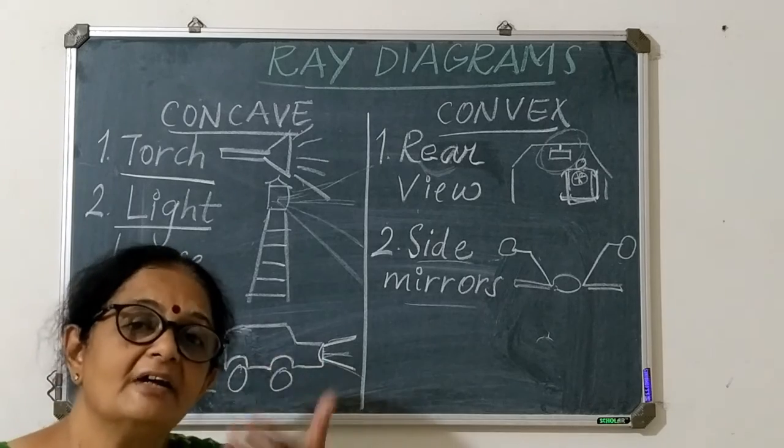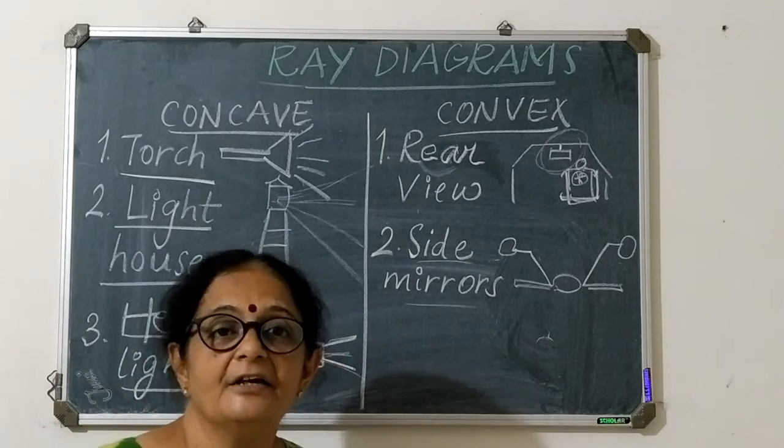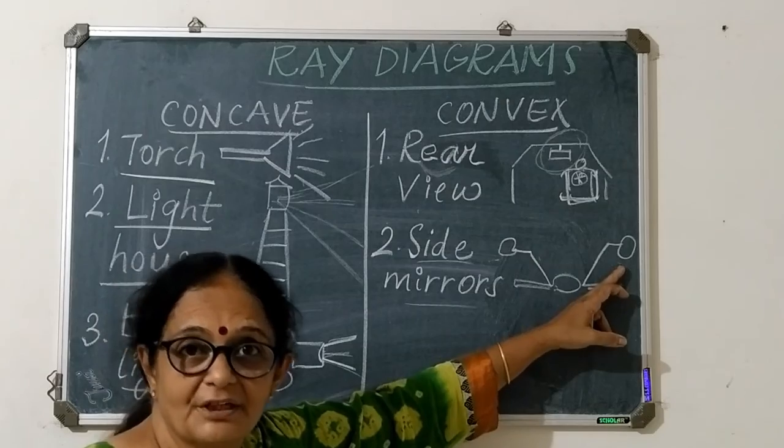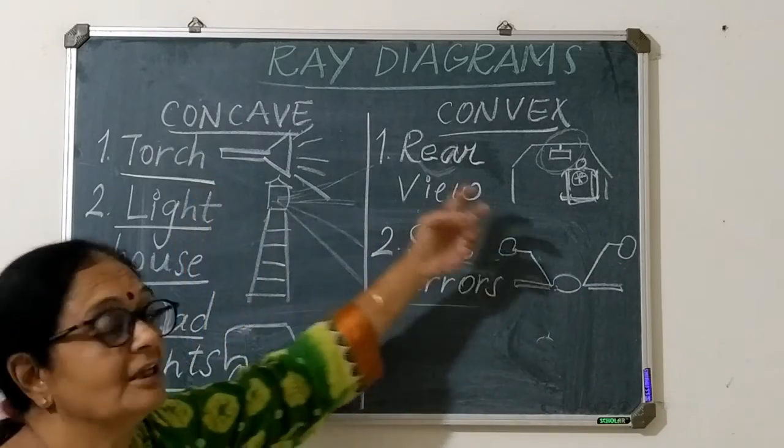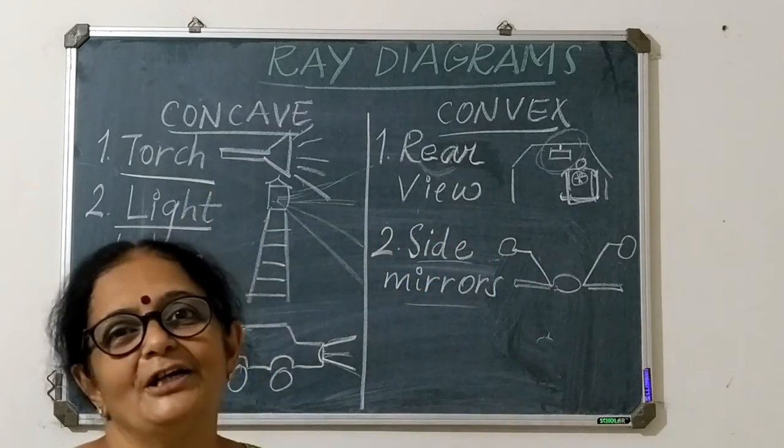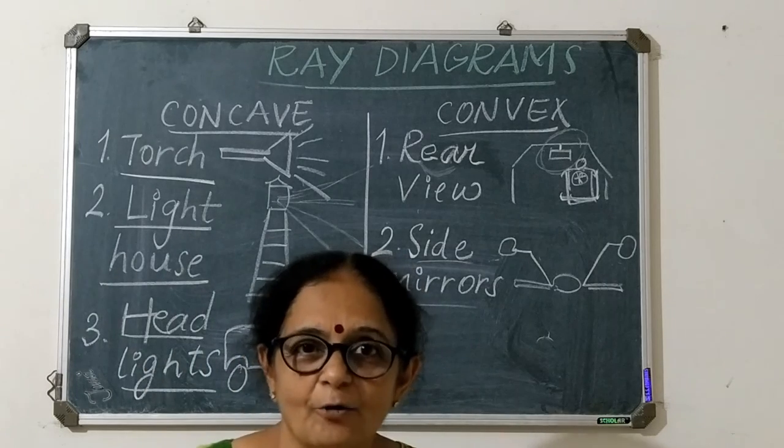To see the vehicles coming from behind, you are using these convex mirrors. So these are the uses of concave and convex mirrors. That is why we did so many ray diagrams. I hope you follow this now.